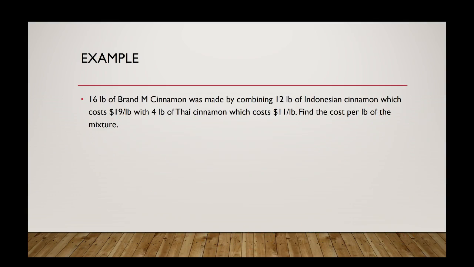All right, let's look at another one. This one's looking at cinnamon. So we have 16 pounds of brand M cinnamon was made by combining. So take note of that. So this brand M is our combination. 12 pounds of Indonesian cinnamon and then Thai.